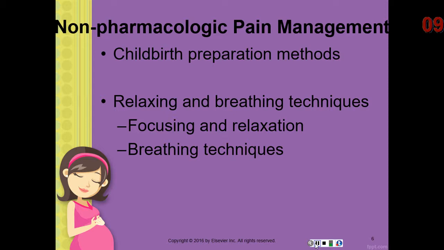Some of the things that we also do are some guided imagery. Having them practice is very important. Deep breaths need to come from the abdomen. And the more you can relax, the faster and easier it is to dilate. So it works really nicely.